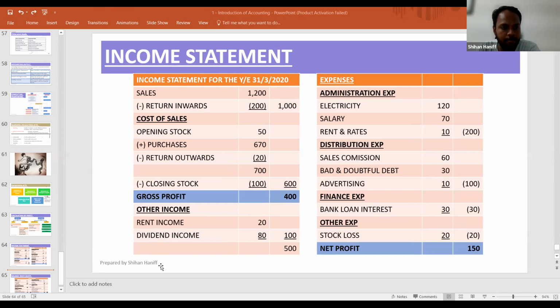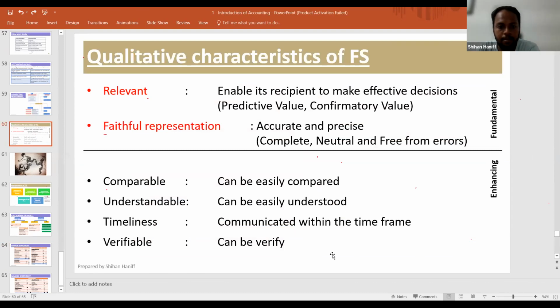There is a question. What do complete and neutral mean in faithful representation? Complete information means that when providing the information, it should be complete.